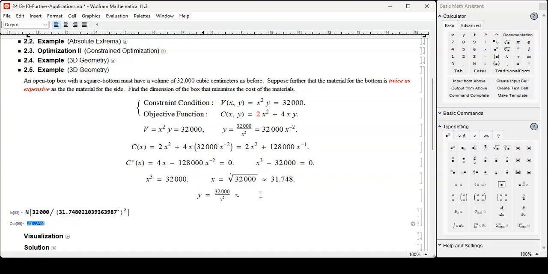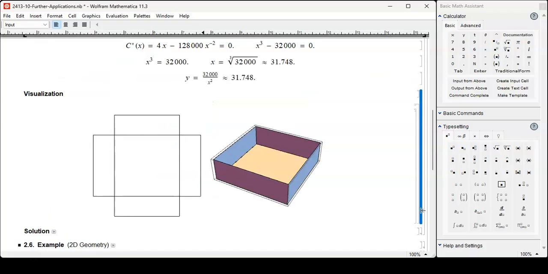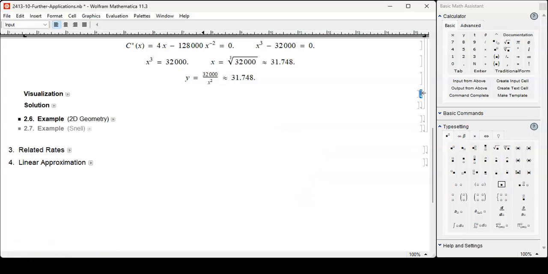That makes a bit more sense. By some strange coincidence, we got the same values as before. Consequently, what's the configuration? You're going to get a cube. Base is a square, x by x, and height is also x, so not like this. It's a lot taller. You're going to get some cube.